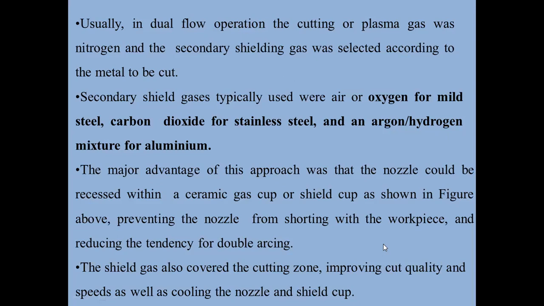See how far this was improved with one small setup and the supply of a second gas. Coming to cost parameters, it was increased, obviously. It can be considered a disadvantage compared to other torches, but seeing the machining performance characteristics, it was improved a lot with the help of the dual flow plasma arc torch.